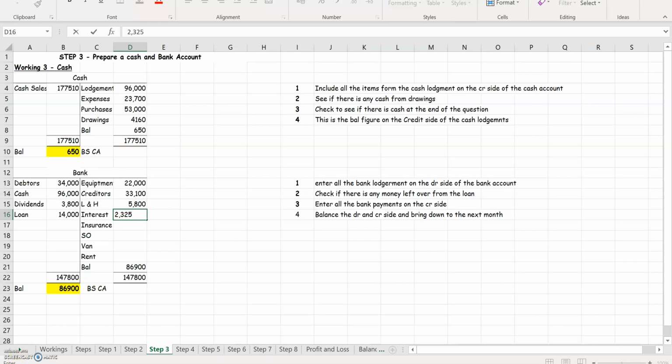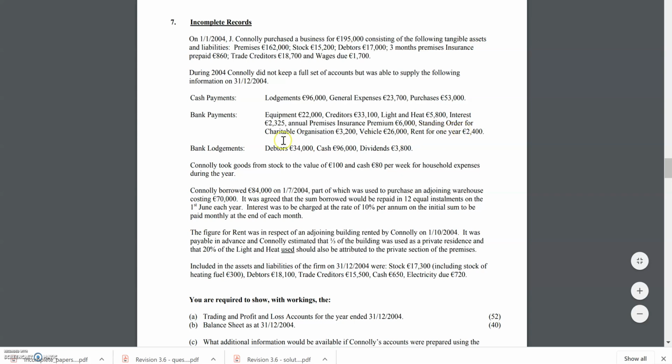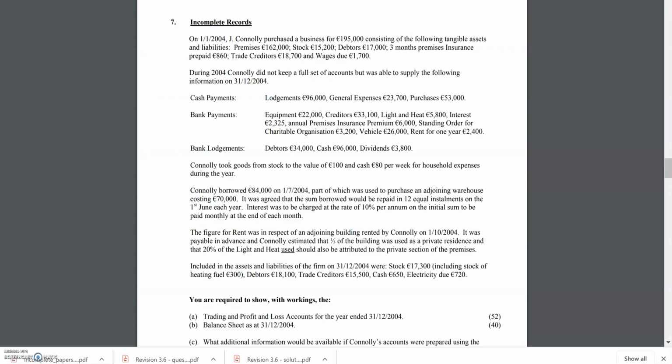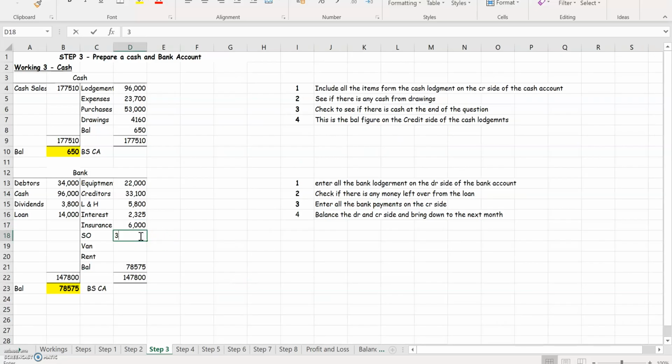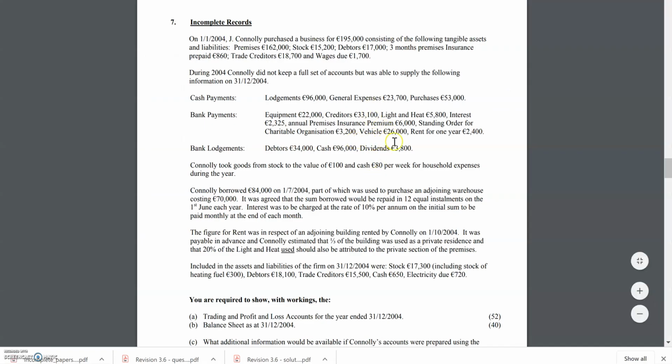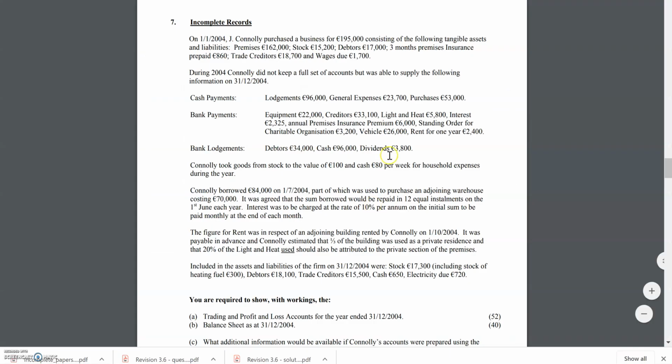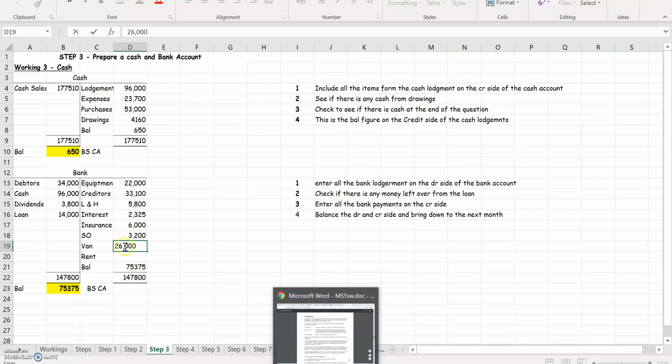The next one then, we've got premises insurance of 6,000. Then we've got standing order of 3,200. Then we have a vehicle, 26,000. And then we have rent, 2,400.